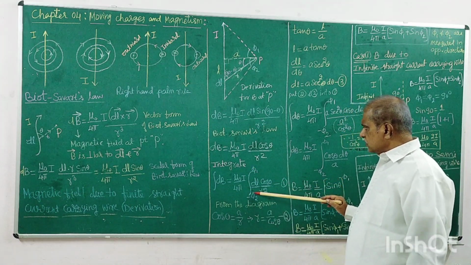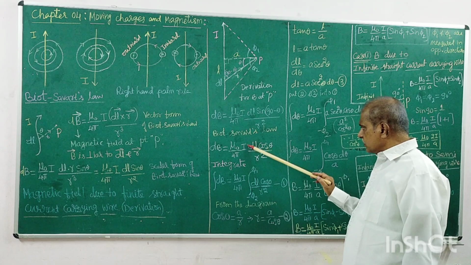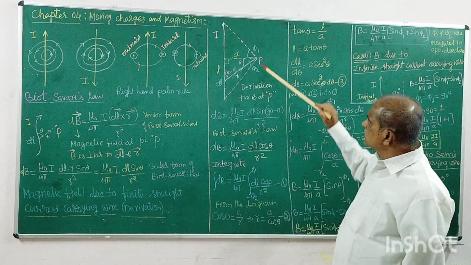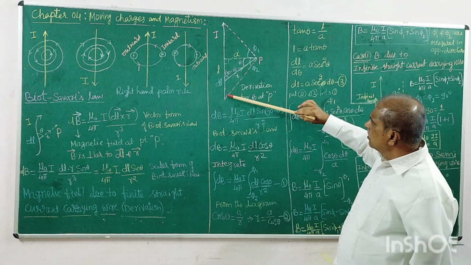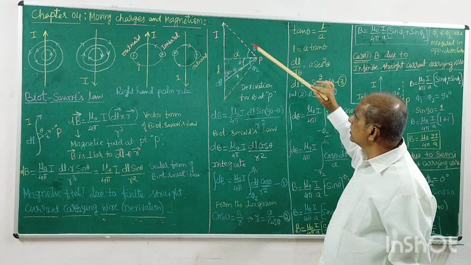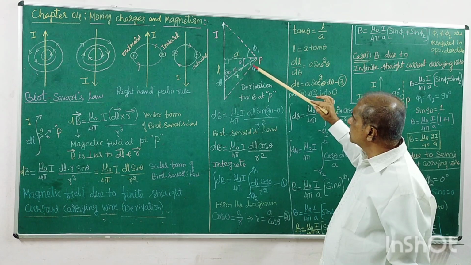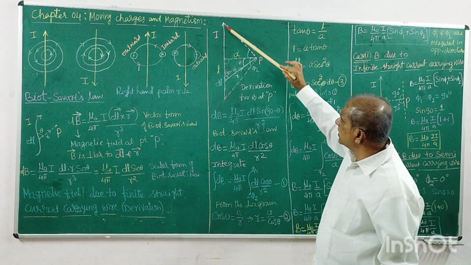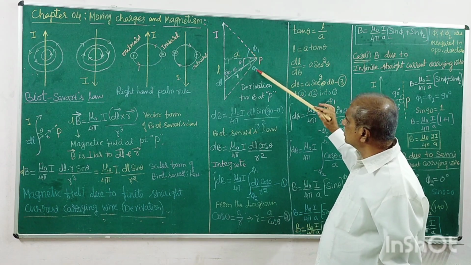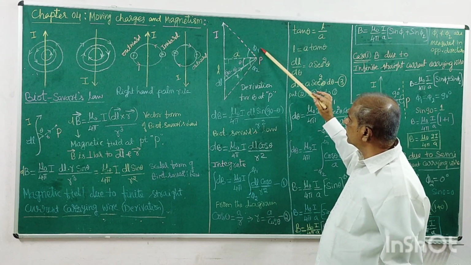Integration of these functions carries limits. For this total length, in terms of angle, the angle varies from here to here, that is eta 1 to eta 2.